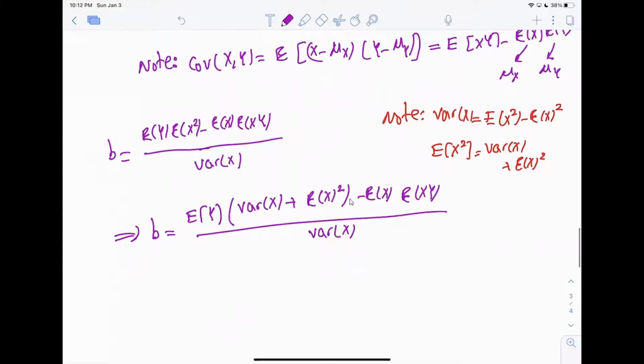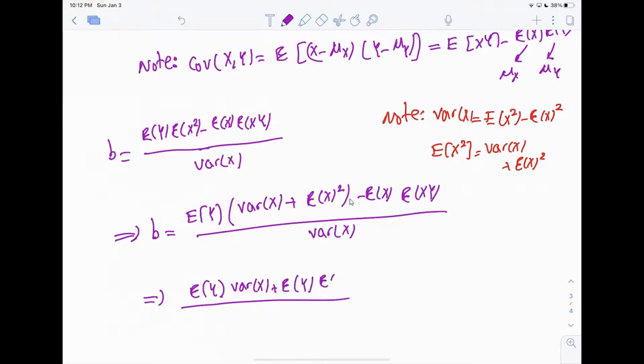Okay. Now, let's simplify this a little more. We get E[y] variance of x plus E[y] times the square of E[x] minus E[x] E[xy], divided by variance of x.